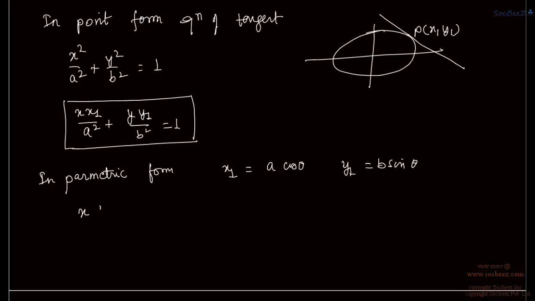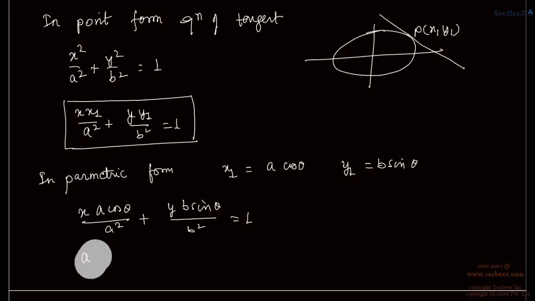So our equation reduces to x a cos theta upon a square plus y b sin theta upon b square is equal to 1, that is, x cos theta upon a plus y sin theta upon b is equal to 1.